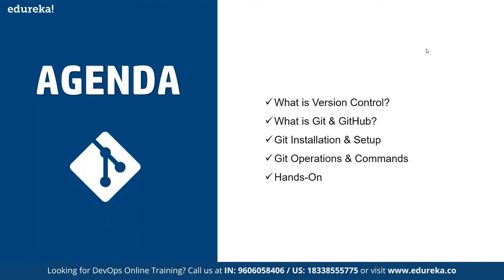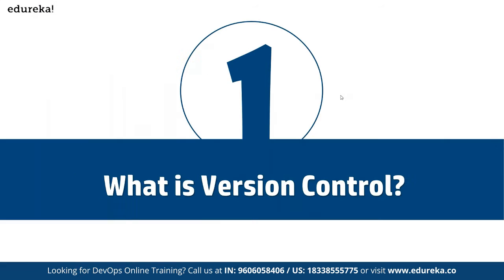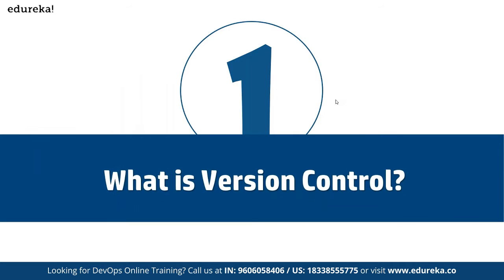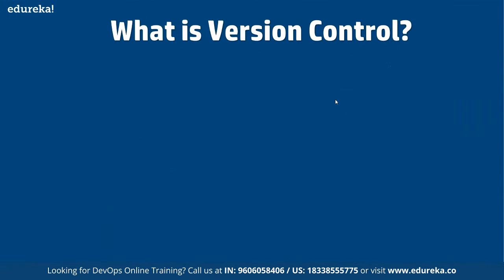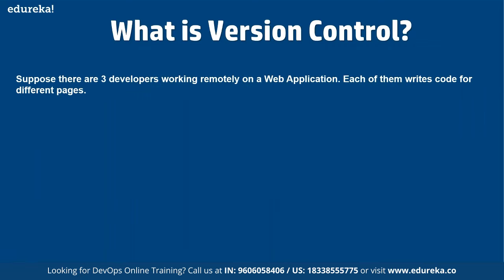So let's get started. Now, if you talk about the version control system, for every change that we are doing when we are working on any solution, for example, developing a website or any application, there are multiple changes done on every file, correct?